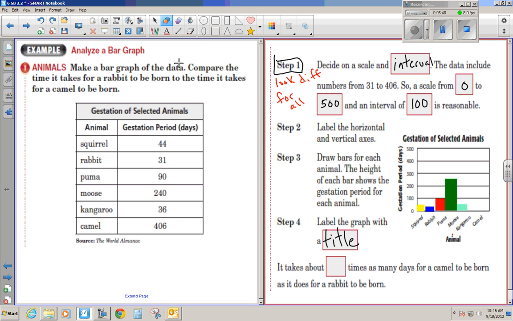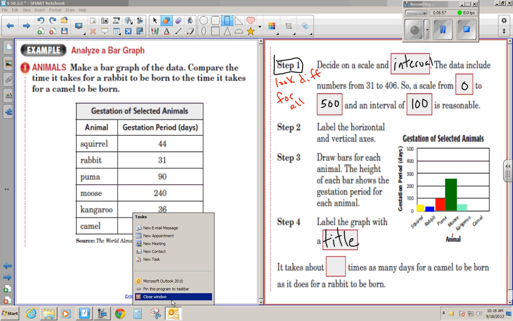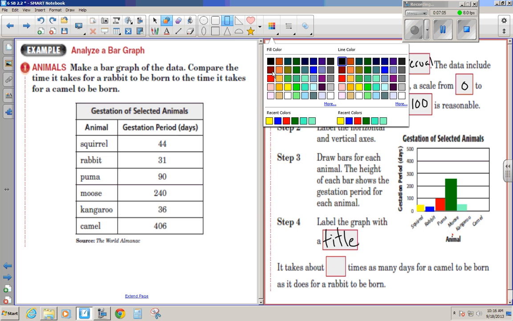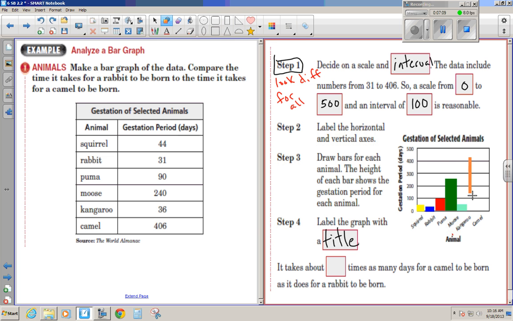And a camel is 406. So you can see 406 is a really long time for gestational periods. All the way up here.